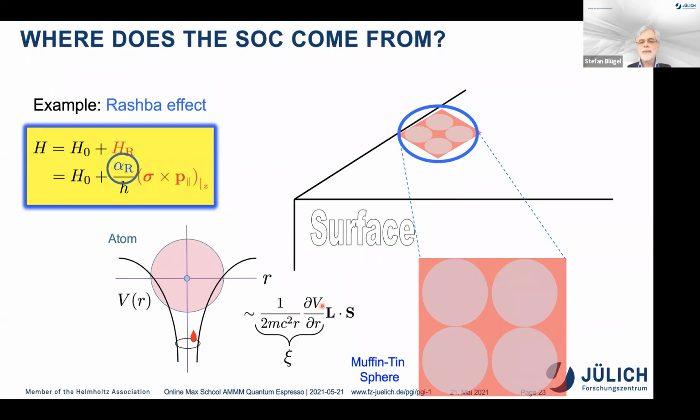But you remember that this spin-orbit interaction is somehow related, with a strength proportional, to the gradient of the potential with respect to the radius. And now you should think the following. Your wave function has a tail and has a head.